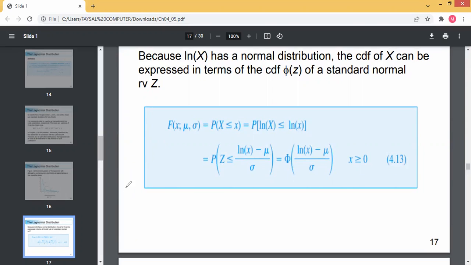So F of x with mu and sigma, shape and location parameters, will be P with X less than or equal to x. What does this mean, P with X less than or equal to x?